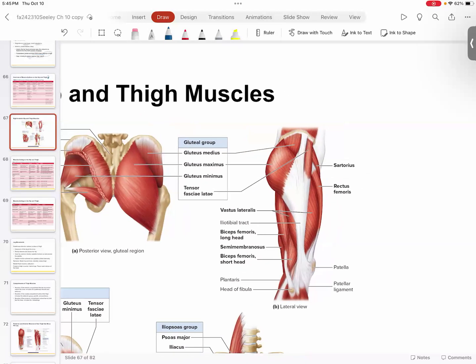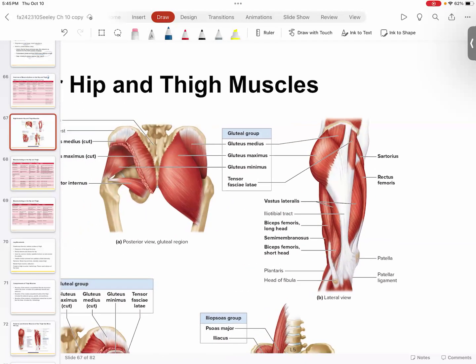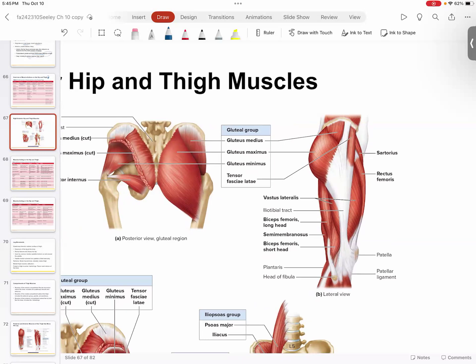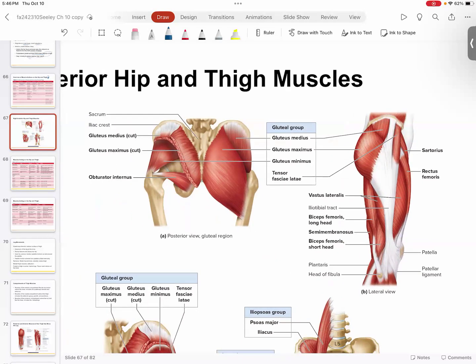So let's go and take a look at sort of a view of your hip area. So first of all, you're going to have your gluteal groups, right? So the gluteus maximus, which is the bulk of your buttocks muscle. So you can see how it's basically attached to the sacrum and then to the upper portion of the femur. And then the gluteus medius, which is going to be connected to the iliac crest.